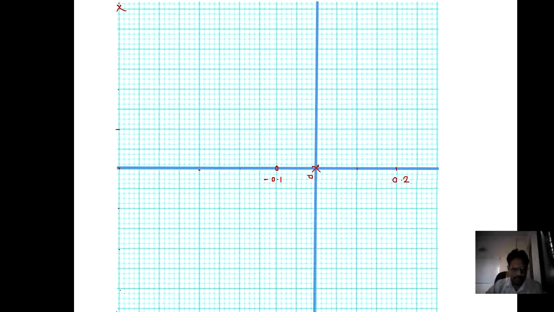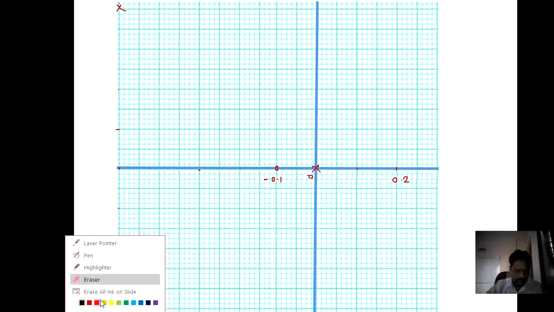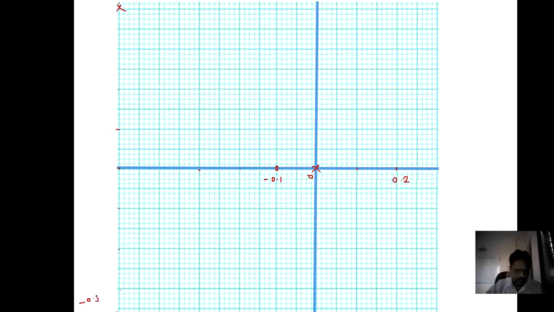This point is minus 0.5 minus 0.59i, and this is minus 0.5 plus 0.59i.